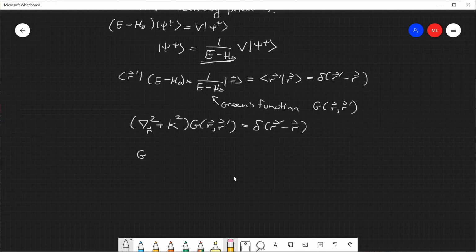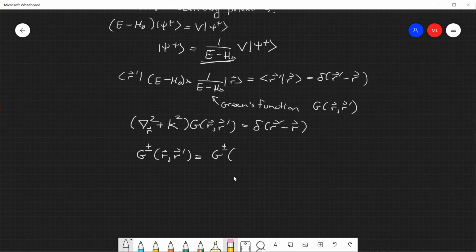There are two of them, plus or minus, and they only depend on the difference between these two vectors.